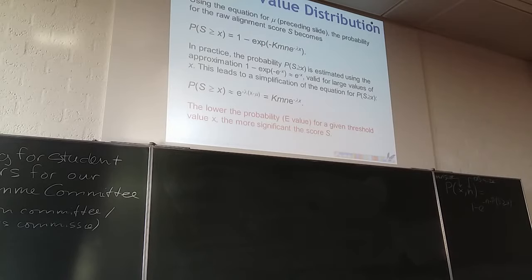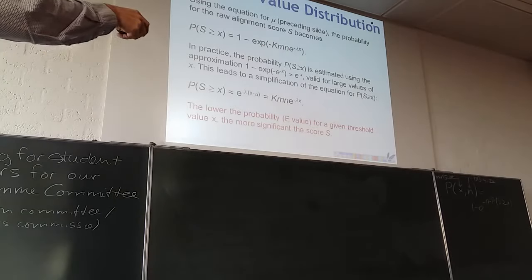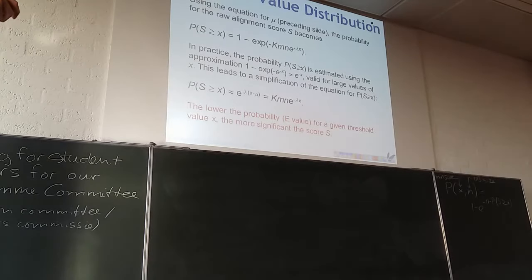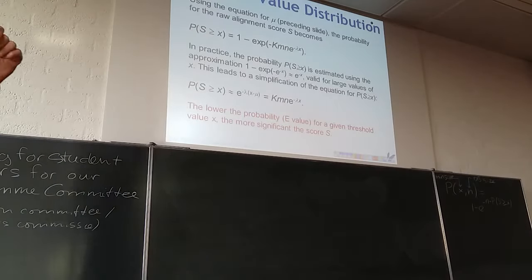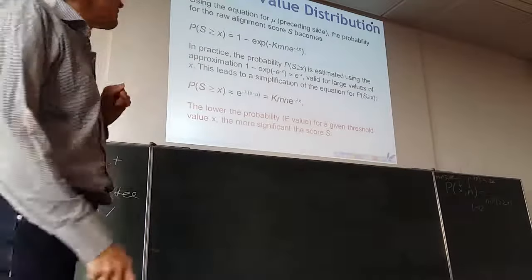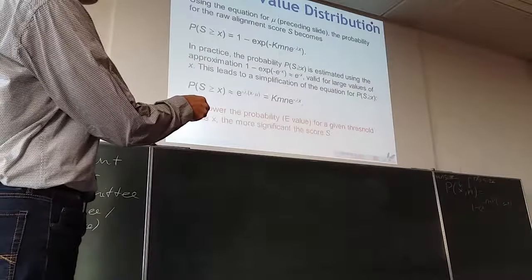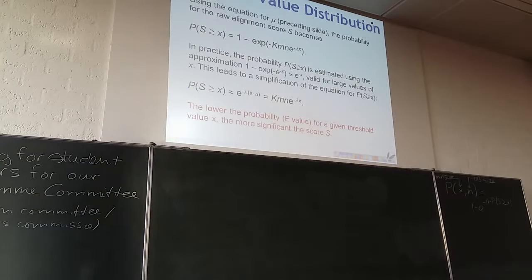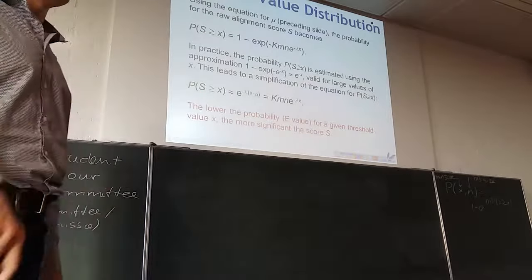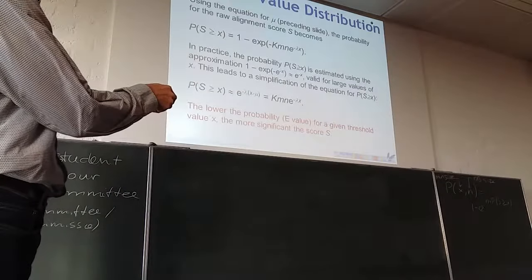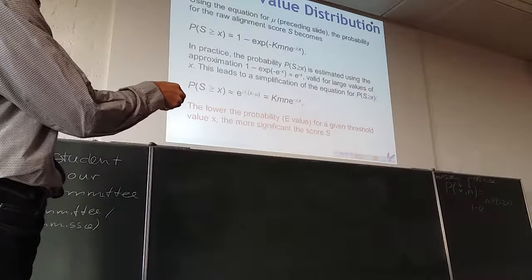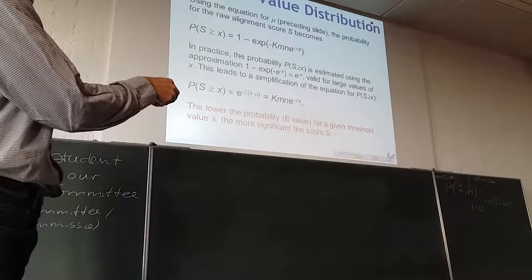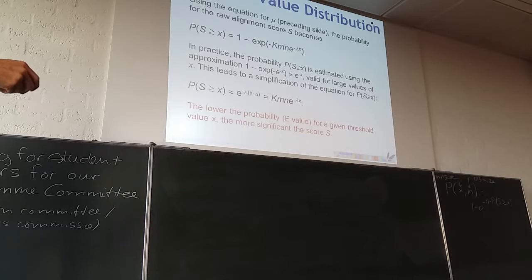The k, m, and n are already filled in, and the final trick that they do, because calculating an exponent is relatively expensive: for larger x, the exponent of the exponent is almost the same as the exponent, or e to the minus x. So you can approximate this with e to the minus x, and then you get this formula.